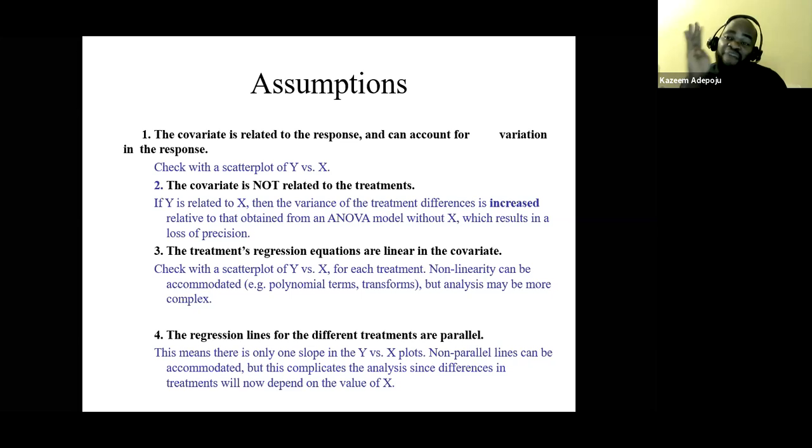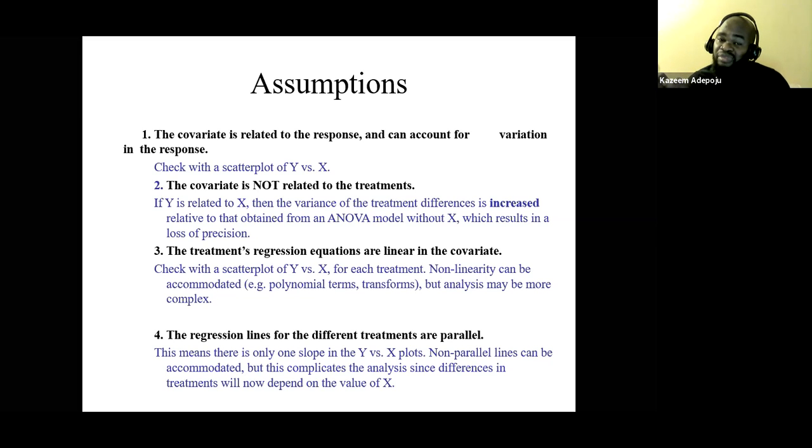If I have 4 levels, I'm going to have 4 regression lines. If I have two levels, I'm going to have 2 regression lines. Therefore, the relationship should be linear. It shouldn't be non-linear.